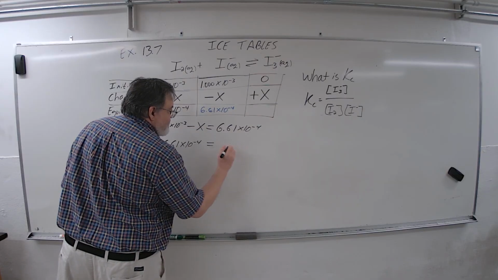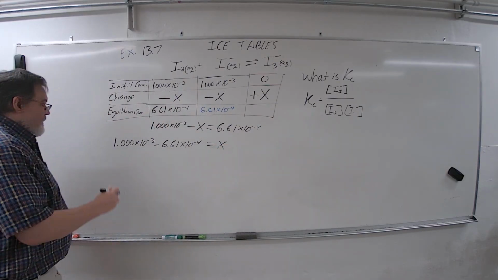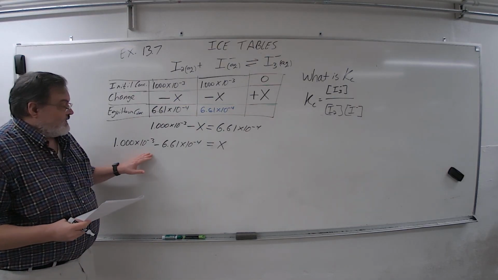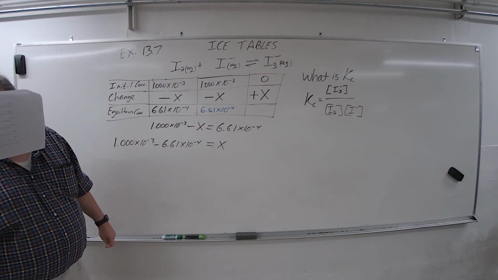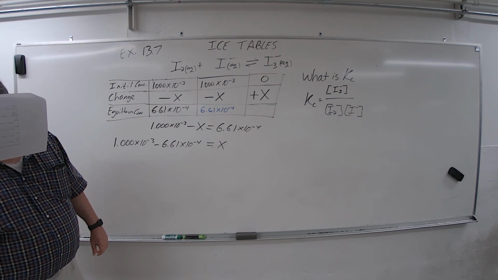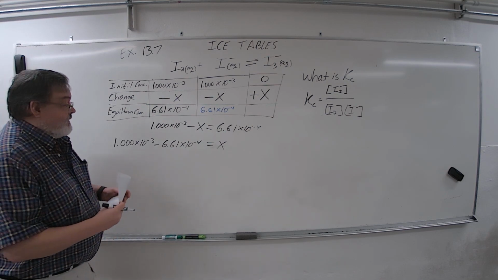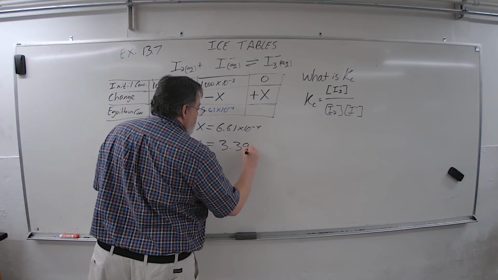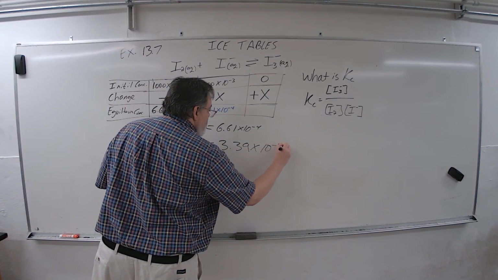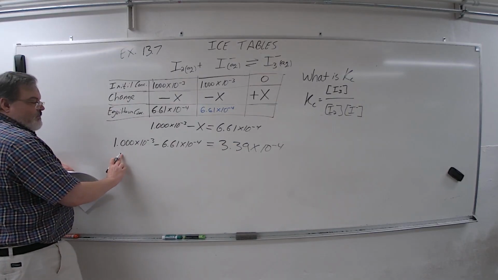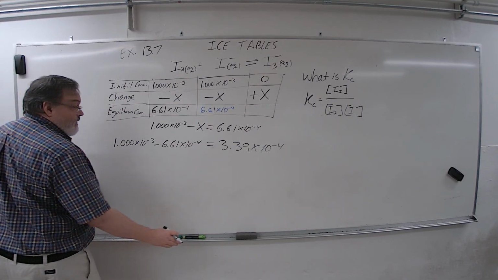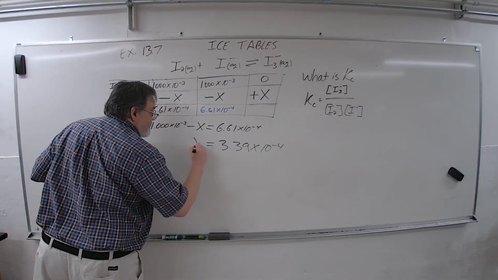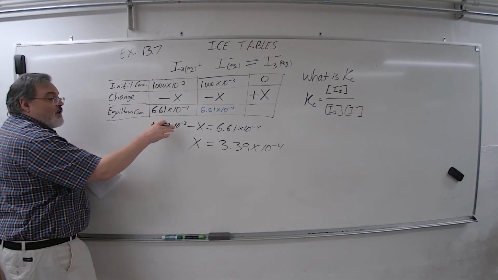So solve for x with algebra. But I'm just going to use what they already have here. But this minus this gives us 3.39. X is 3.39. So if you do this, you get 3.39 times 10 to the negative 4. That is x.